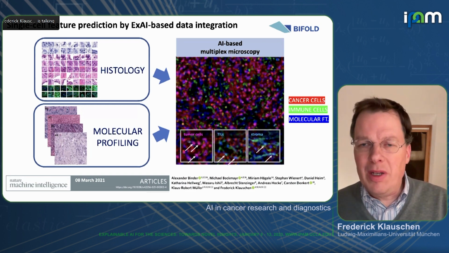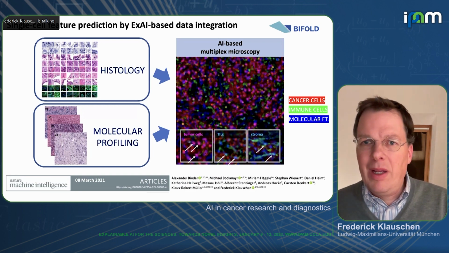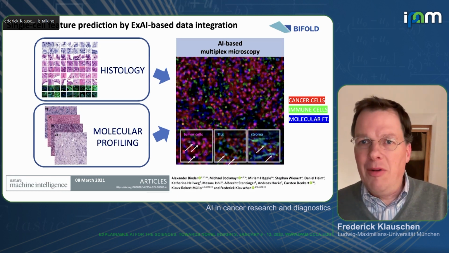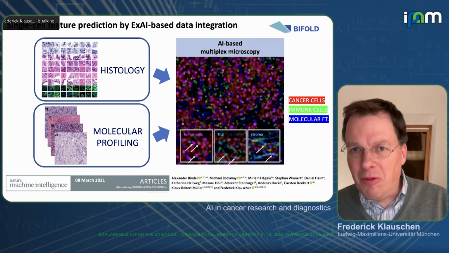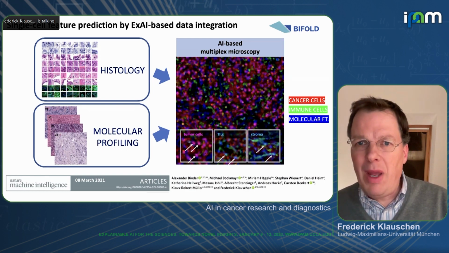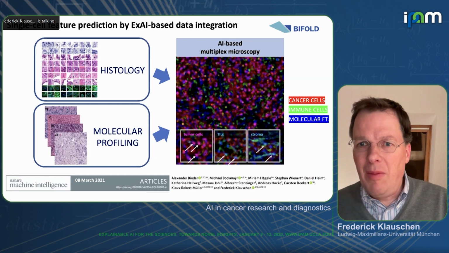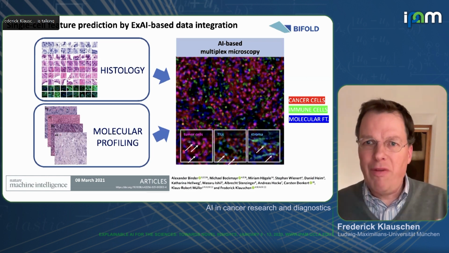And then you can also get these explainable AI generated heat maps, where on the right you see in red the cancer cells, in green cells of the immune system, and then in blue the information provided by the explainable AI, pointing to the amount of the molecular profile present in the image, and at the same time inferring which image properties the molecular information is associated with.